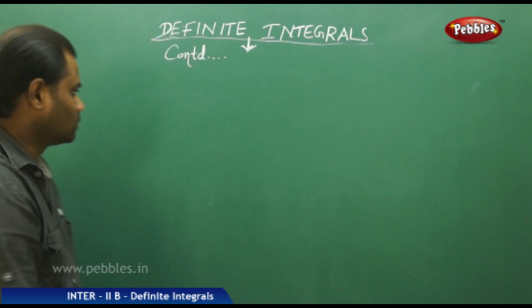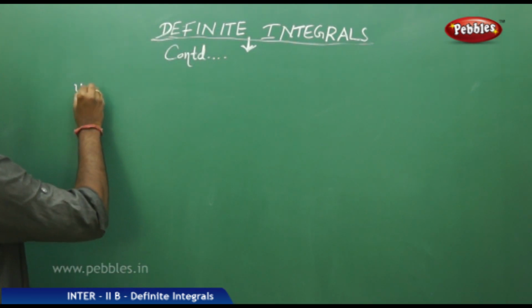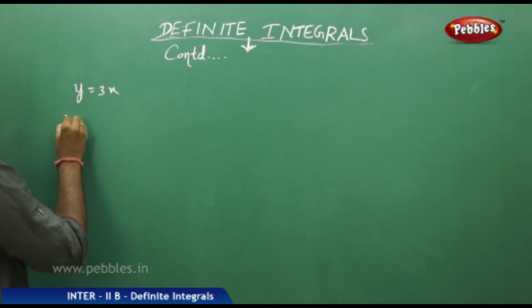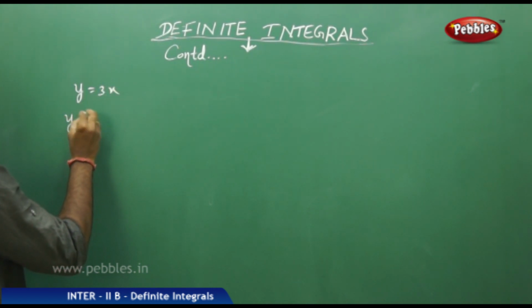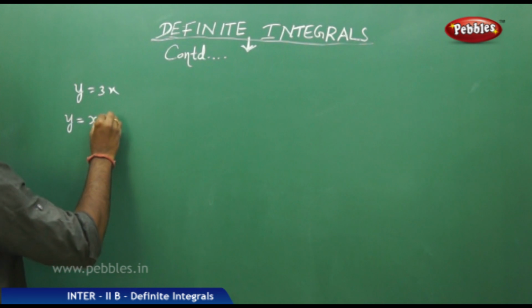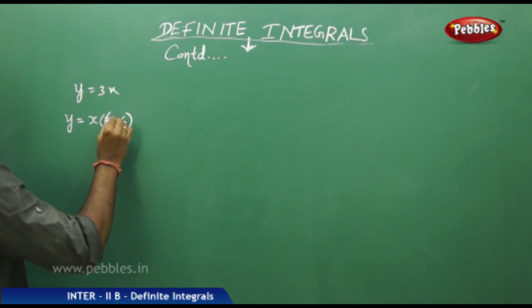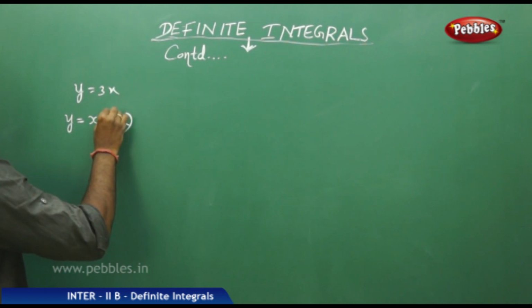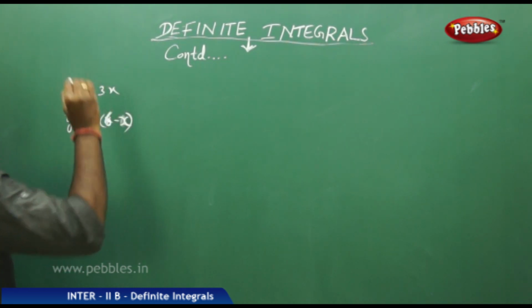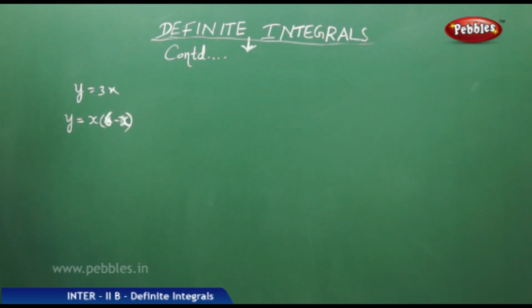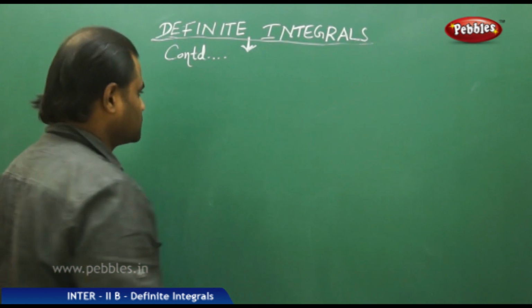So let's see how we can sketch the two curves y equals 3x and y equals 6x minus x squared, or x into 6 minus x. Let's sketch these two curves on the xy coordinate system.